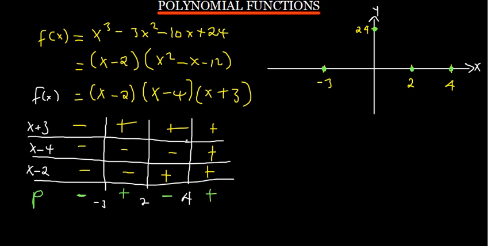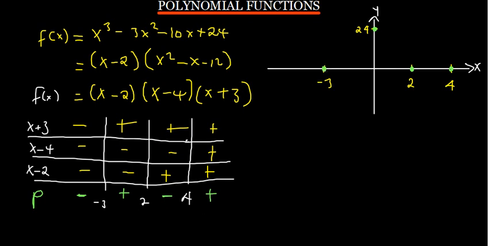My interest is on the product of signs. What does this tell me? This tells me that for all values of x smaller than negative 3, this function is going to be negative. Going up is positive, going down is negative. So when I'm talking about values of x smaller than negative 3, the function is supposed to be down.